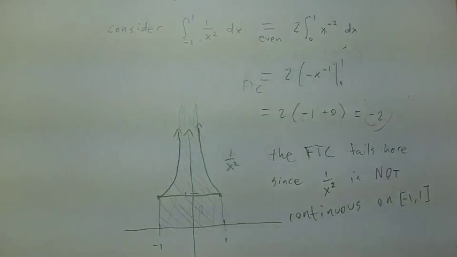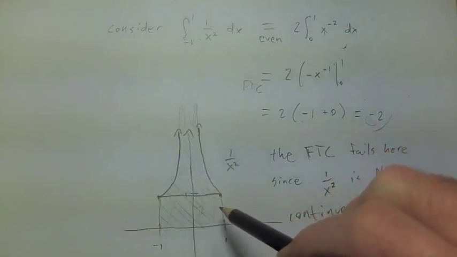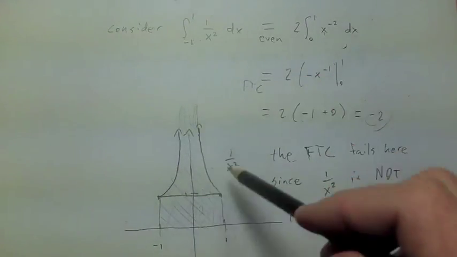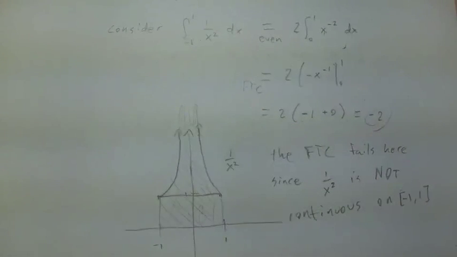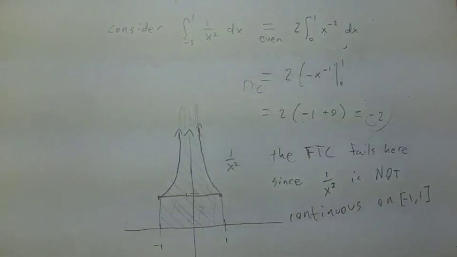Now the question from here is, well, can we maybe use limits or something to find the area of this? Maybe break this integral up from -1 to 0 and 0 to 1, or just look at the integral from 0 to 1? And the answer is yes. We can deal with discontinuous functions and areas, but you won't really see that until Cal 2.